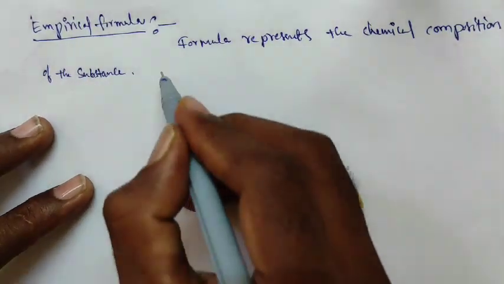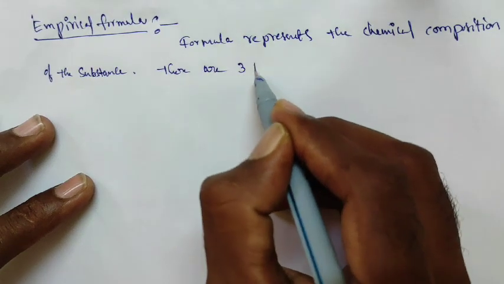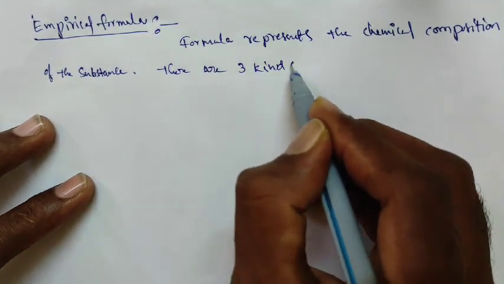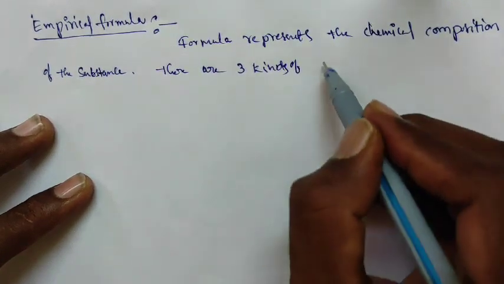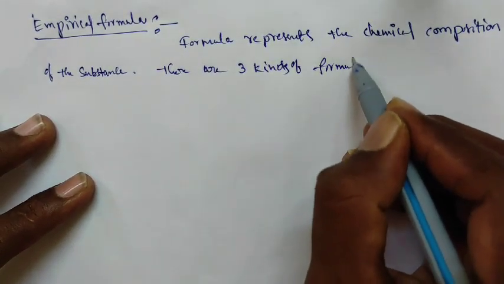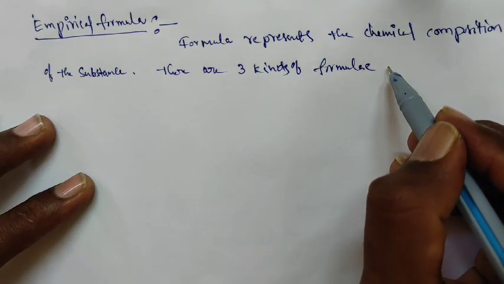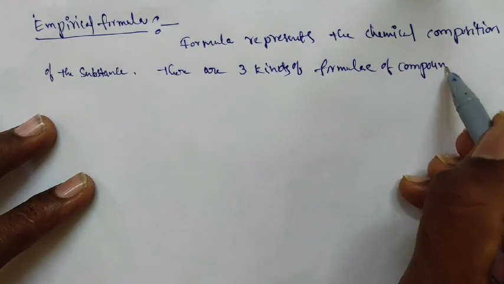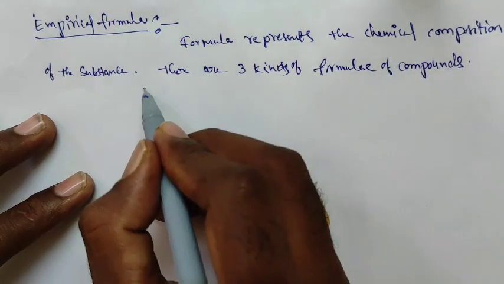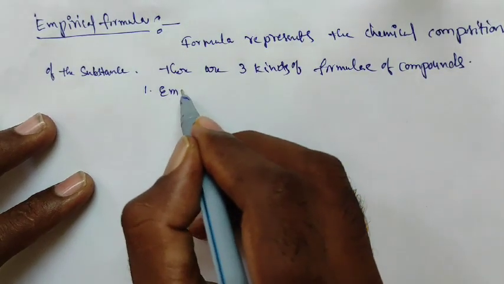So there are three kinds of formulas of compounds. What are those three? First one is empirical formula.